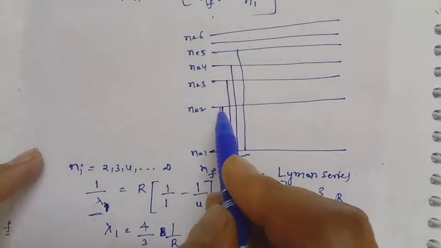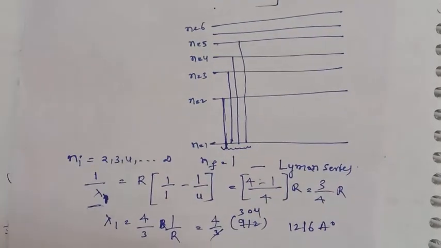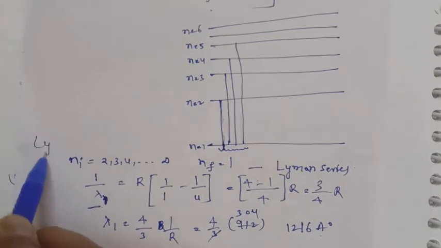So lambda 1 is equal to 1216 angstroms. It is the Lyman series.